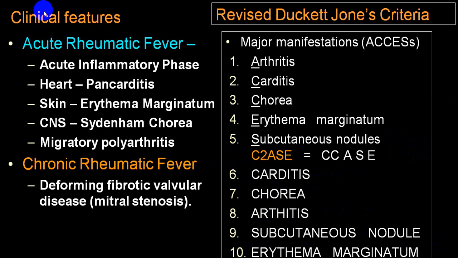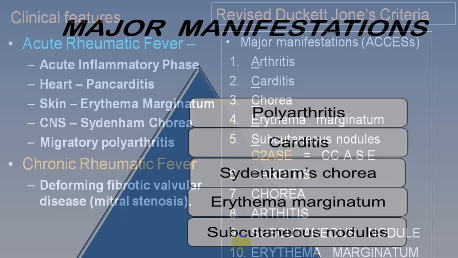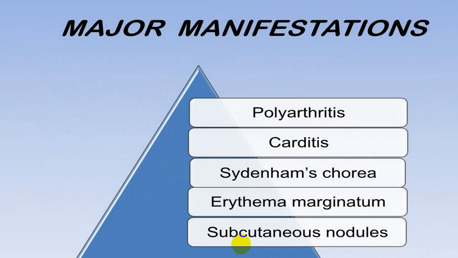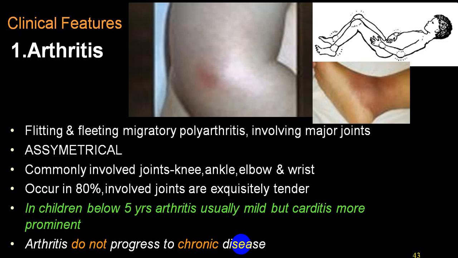So in acute rheumatic fever you can have heart, skin, CNS and joint involvement, while in chronic there is mainly involvement of valvular structures, and among that the mitral valve is first to be involved, second is aortic and then comes others. So we'll be talking about these 5 major criteria: polyarthritis, carditis, Sydenham chorea, erythema marginatum and subcutaneous nodule.